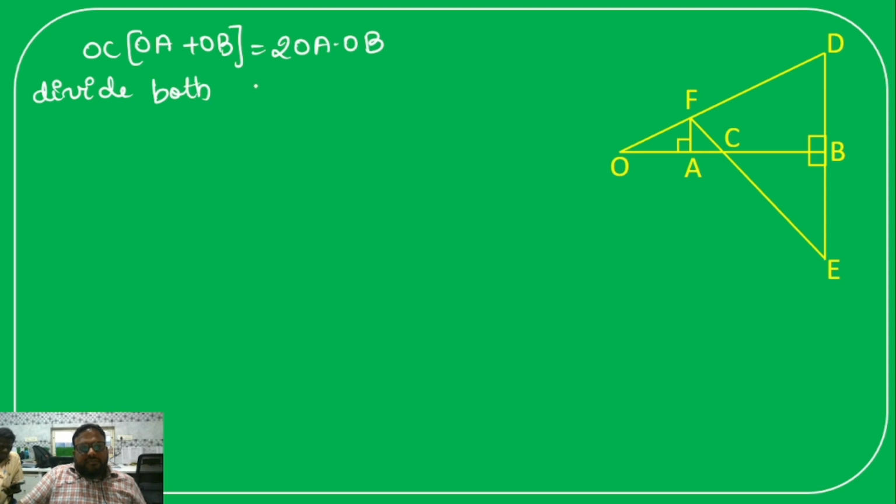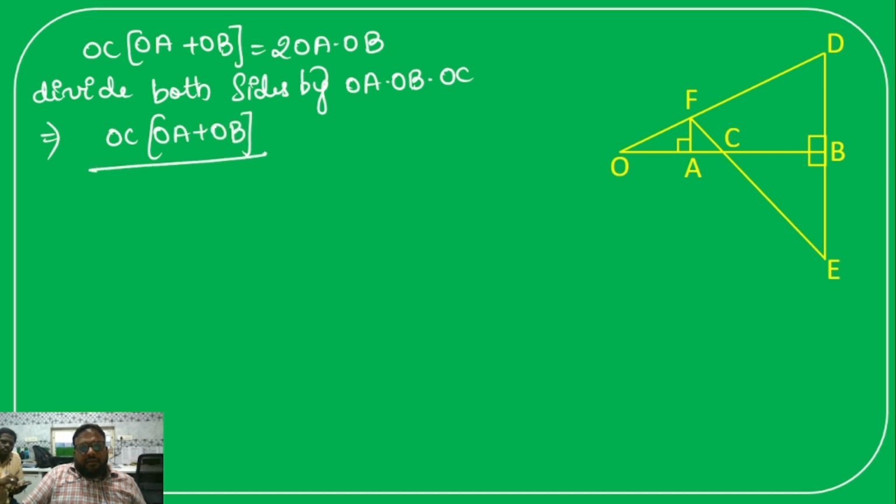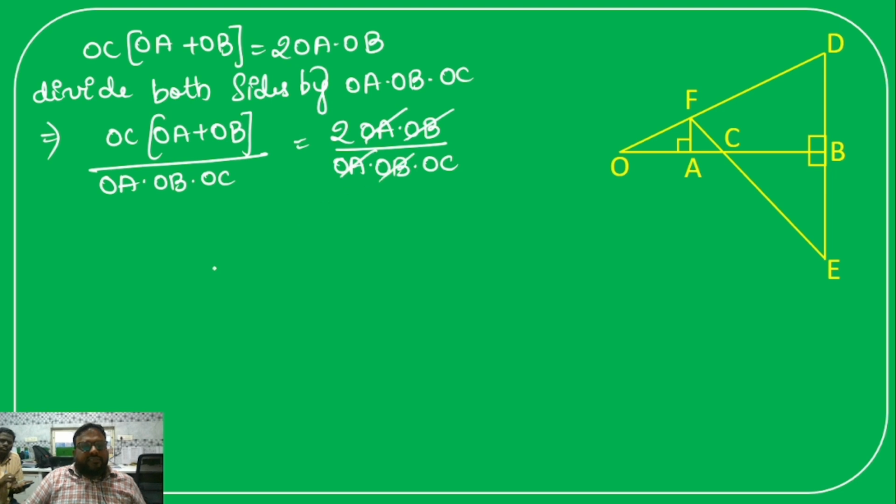So what I will get now? OC into (OA plus OB) by OA into OB into OC is equal to 2 into OA into OB by OA into OB into OC. OB, OA and OA, OB get cancelled, and here OC and OC get cancelled.